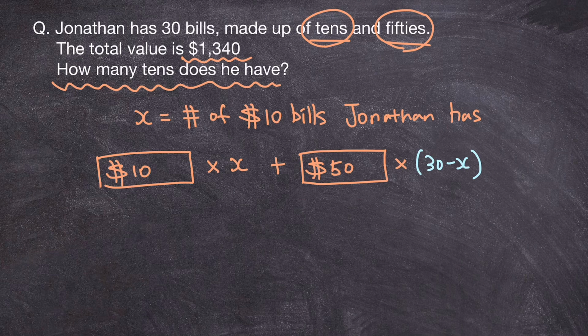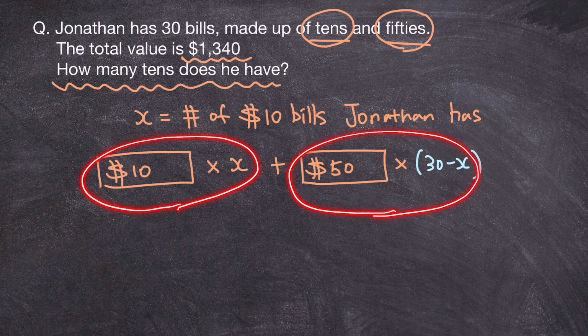And if we combine the amount of money we have in $10 bills and the amount of money we have in $50 bills, then we get the total amount of $1,340.